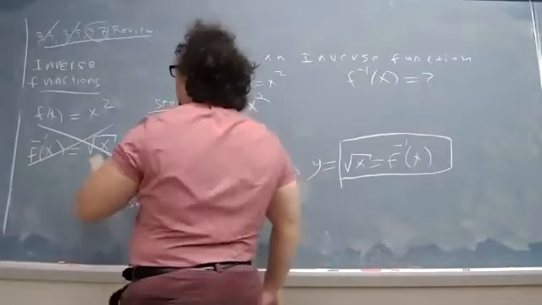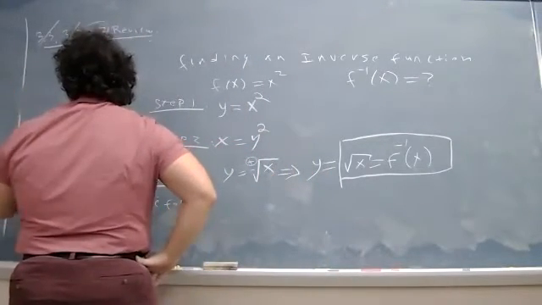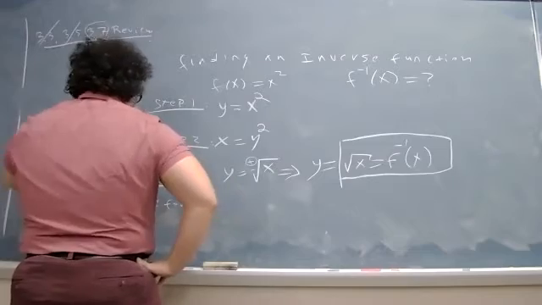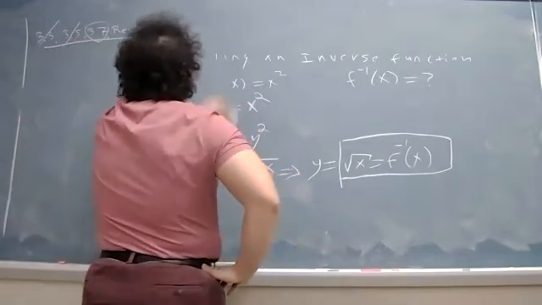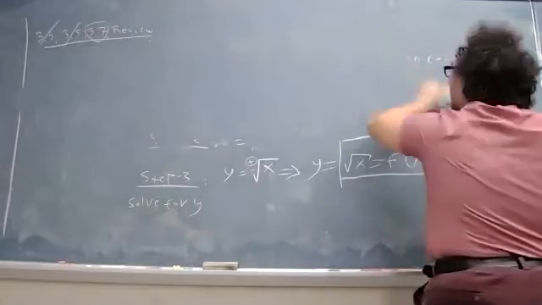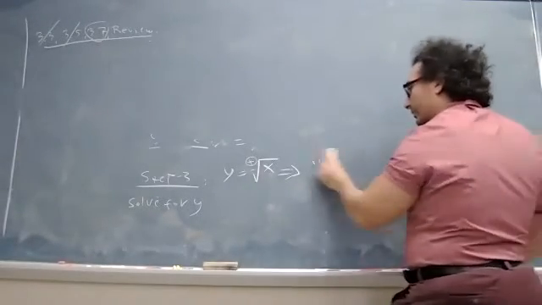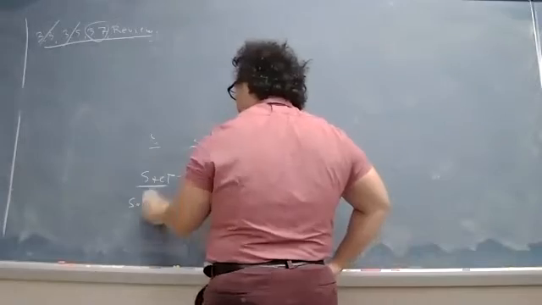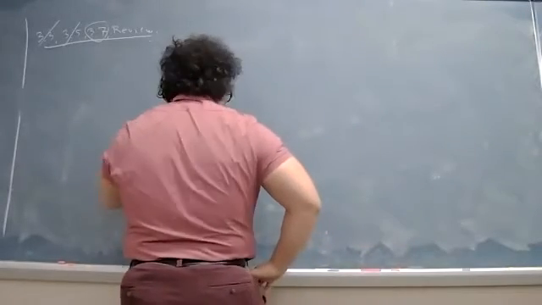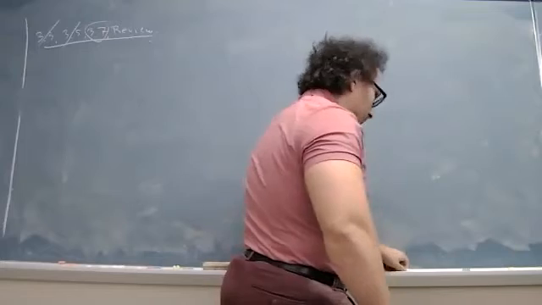Let's find inverse functions. This was the easy one. Let's make them harder. And by harder, I mean more fun, because mathematicians find things that are difficult enjoyable. We find the harder the problem is, the more enjoyable it is.